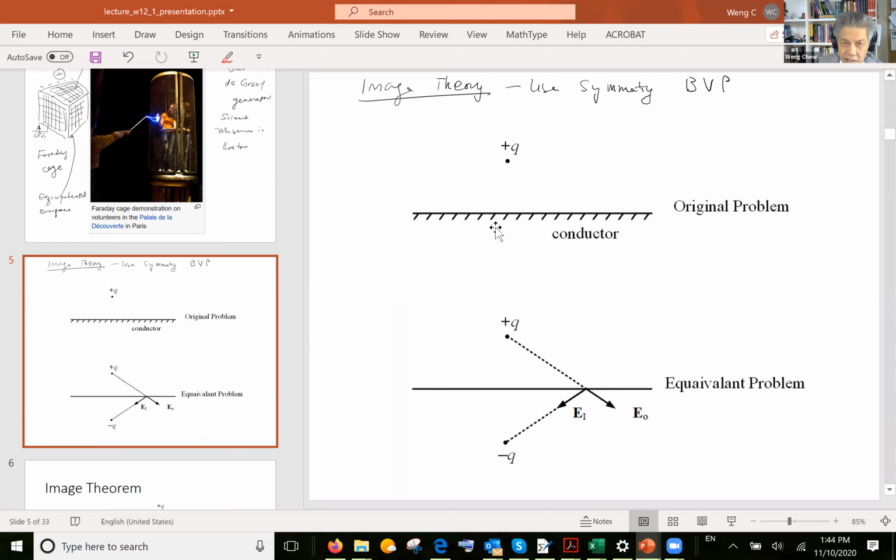There'll be negative charges attracted to this conductor, and the negative charges will shear the electric field from the positive charge. Finally, the electric field is going to look something like this.